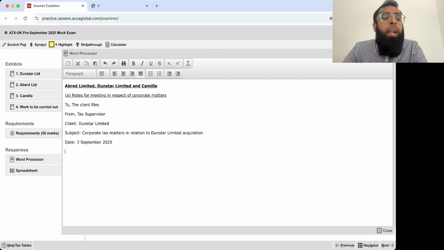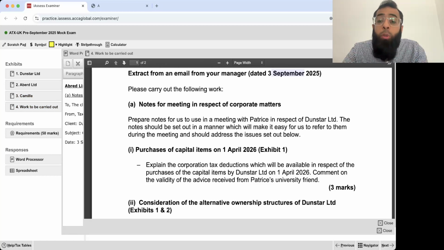When you are writing an email, you address it to the manager. Otherwise, you refer it to the client files. It is being developed in respect of Dunster Limited. What is the subject and the date? It is a simple format which is always followed, so don't take extraordinary stress for it.